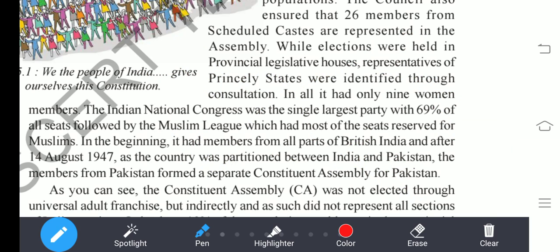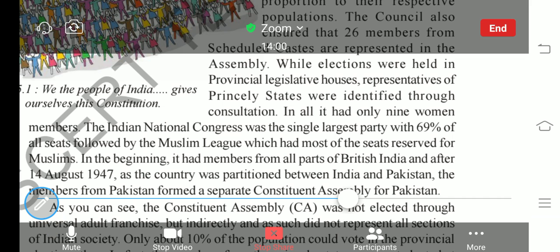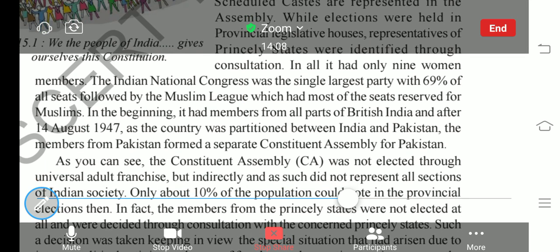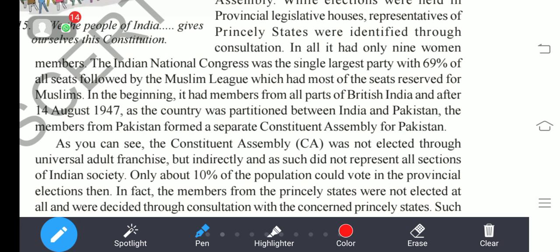In this way, at the time of independence, the Constituent Assembly was divided into two Constituent Assemblies, one relating to India and another relating to Pakistan, on 14th August 1947.